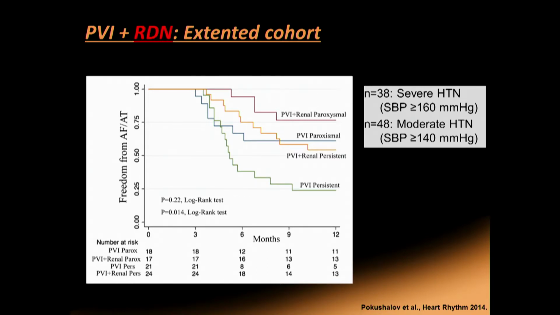The study was mainly performed in hypertensive patients, and therefore it is not completely clear whether this additional antiarrhythmic effect is mainly due to blood pressure reduction after renal denervation, or whether sympathetic modulation after renal denervation plays a role in this regard.